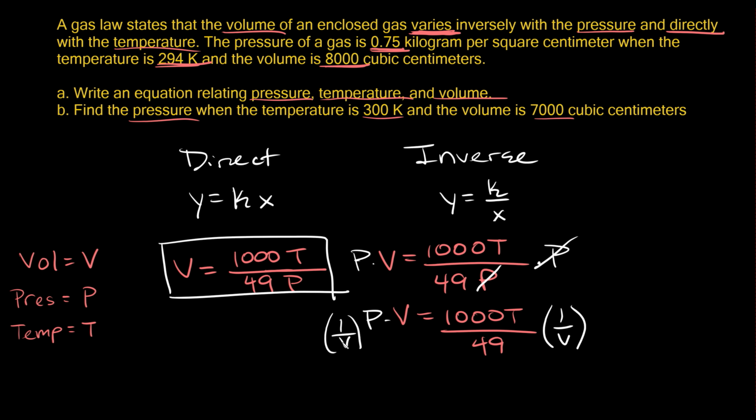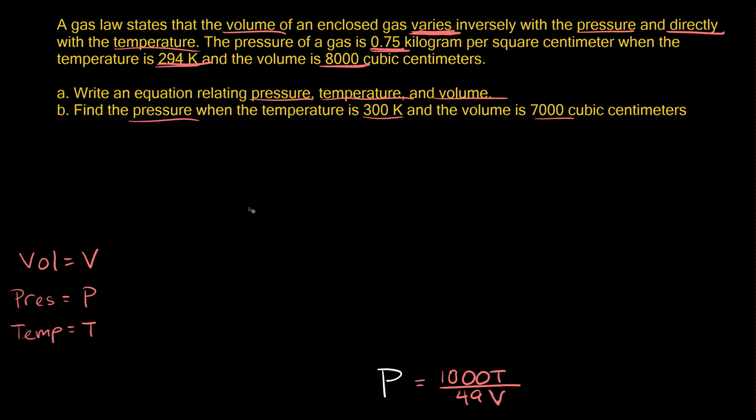On this side, the 1 over V and the V cancel out, so we're left with P is equal to, and combining on top, 1,000 T times 1 is just 1,000 T, and on the bottom, 49 times V is just 49V.